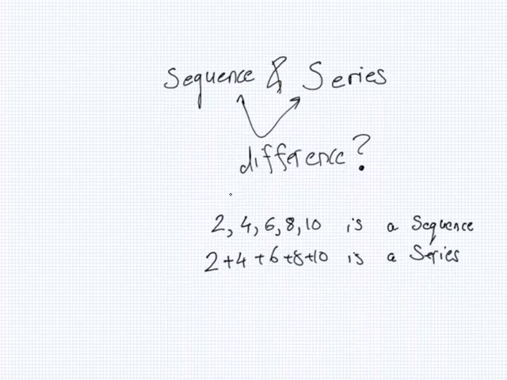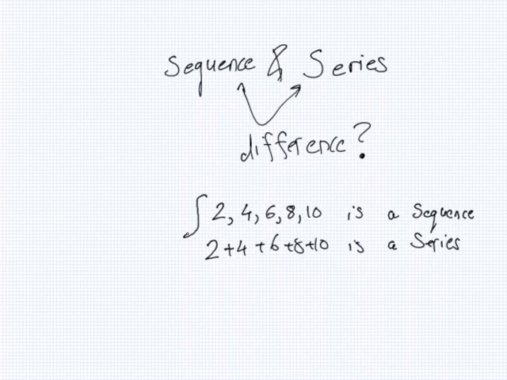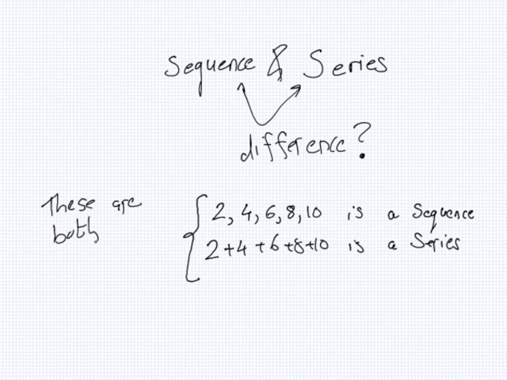In case you're wondering, is there a word that describes both of these? Does anyone know a word that might mean both? Together? No. Yeah, a word that describes both a sequence and a series. Not bad.